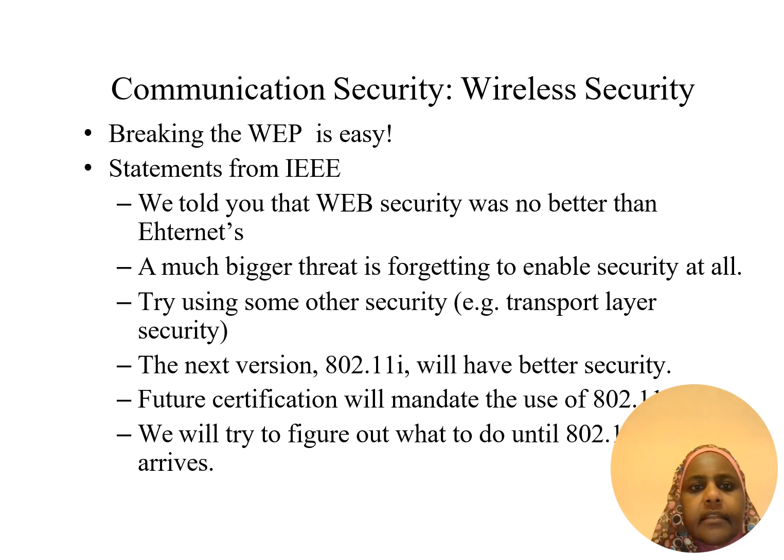IEEE stated that they knew that WEP was not secure enough, but it's better than no security, and users should have used other forms of security like transport layer security. And they promised that the next version, 802.11i, will have better security.